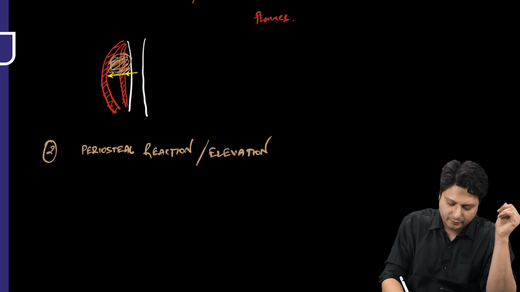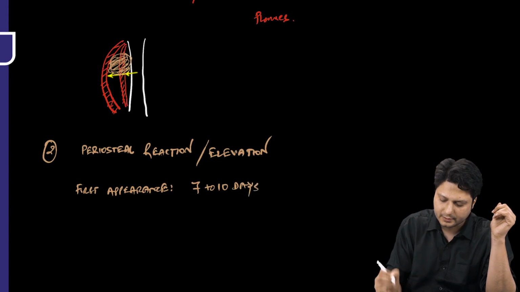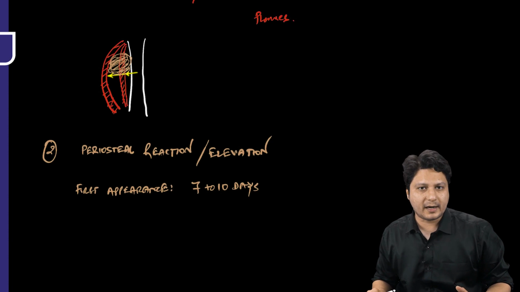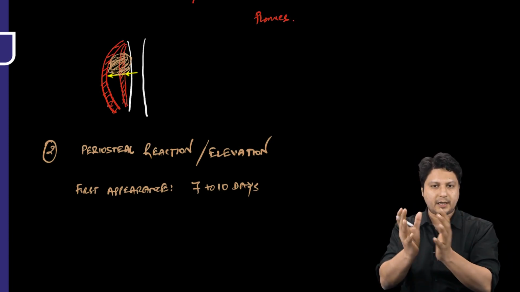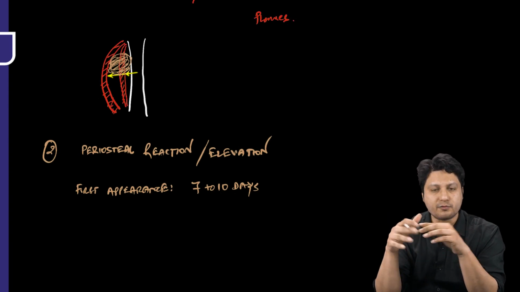That means the first appearance of this X-ray finding will take around 7 to 10 days after the infection. All right. It is not that today the patient developed acute osteomyelitis and tomorrow there will be a periosteal reaction along with the elevation visualized on the X-rays. It will take at least 7 to 10 days for its appearance.